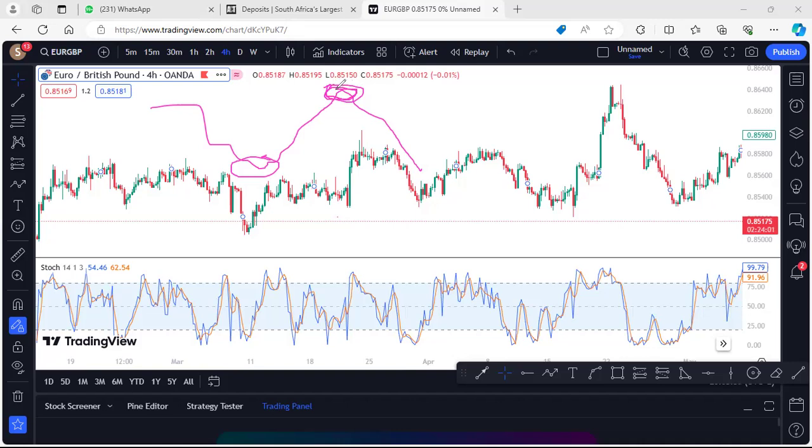The idea of a stochastic is to look for the overbought levels where buyers are running out and sellers are about to take control. At that level, you look for selling opportunity, and that is still the same resistance level, which is redefined. The stochastic indicator tries to look for resistance level for you in advance.